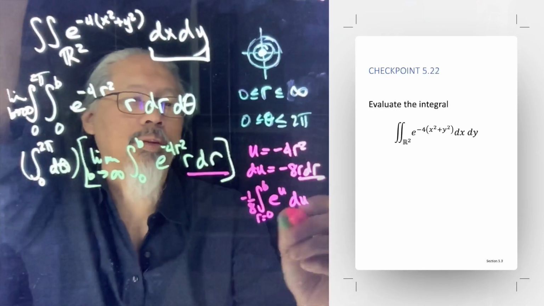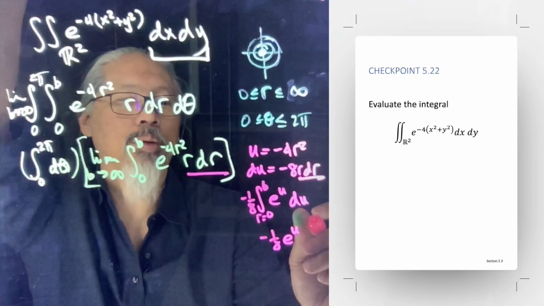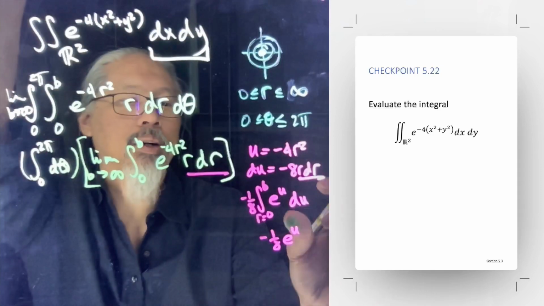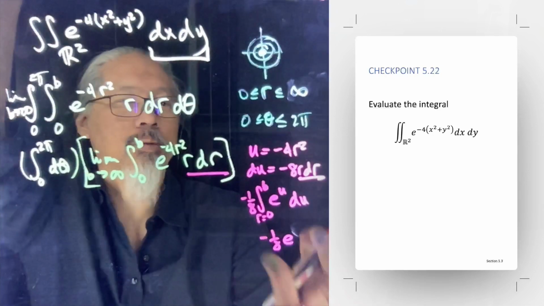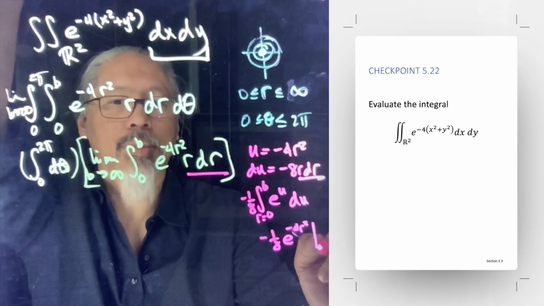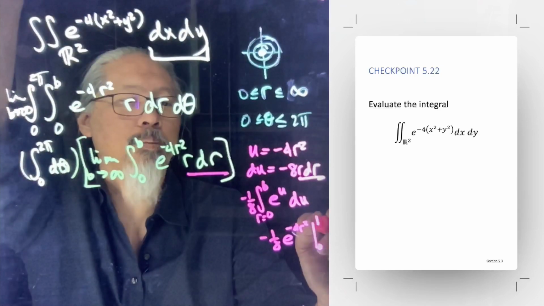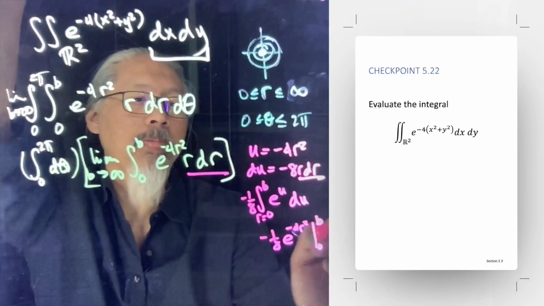So the antiderivative of e to the u is just e to the u, and we'll replace that with the substitution that we made, which is negative 4 r squared, from 0 to b, and then we'll put b in there.